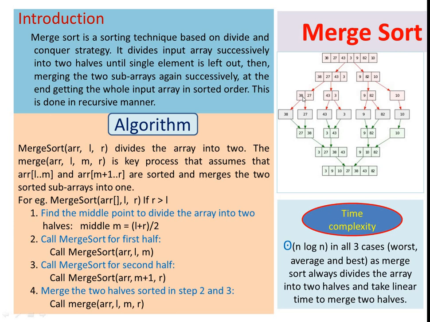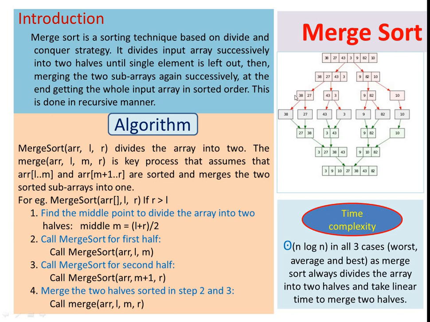It breaks this array into two halves, resulting in two subarrays with 2 elements each. The lower subarray contains 38, 27 and the upper subarray contains 43, 3.